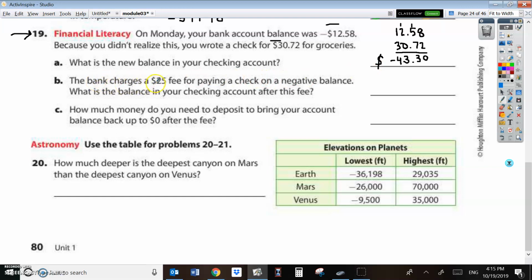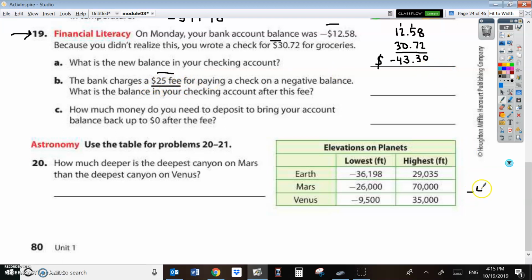The bank charges you a $25 fee for paying a check on a negative balance. What is the balance in your checking account after the fee? So this is already negative, but you're going more negative because they're charging you a fee. So that's negative. So we need to add this with this negative 25.